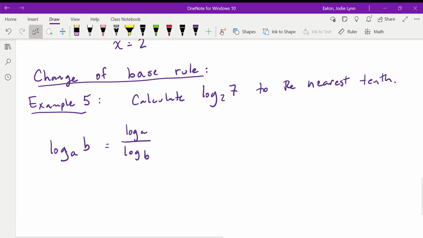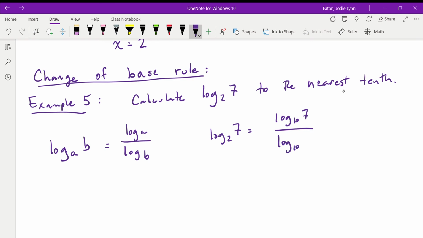In this case, we're going to do log base 10. So log base 2 of 7 is equal to log base 10 of 7 over log base 10 of 2. And on a calculator, log 7 divided by log 2 equals 2.8.